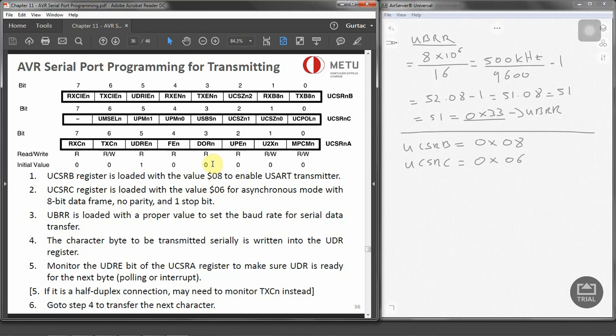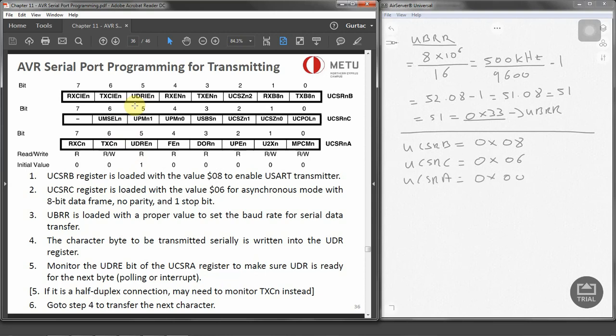And the next thing to do is UCSRA. Do we need to set anything up for that? We can check the TXC, but it's not that important at the moment. So UCSRA is going to be all zeros.